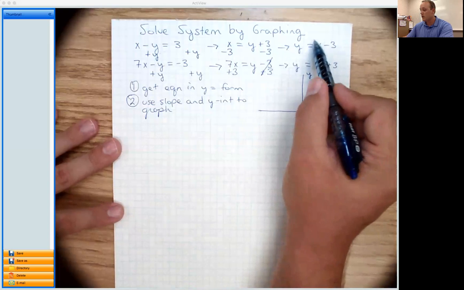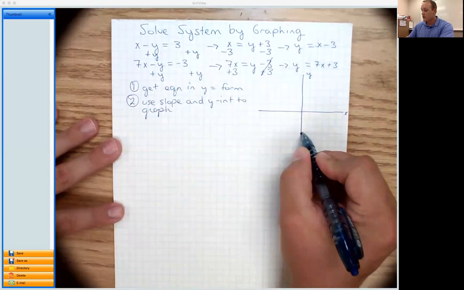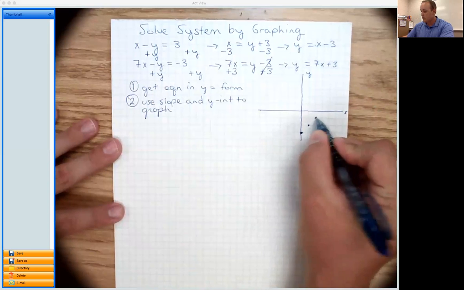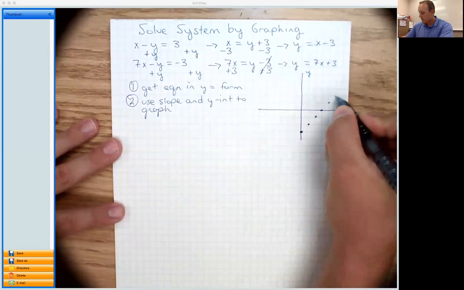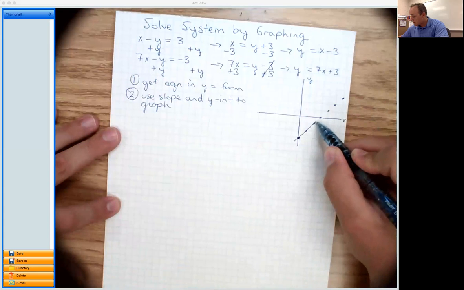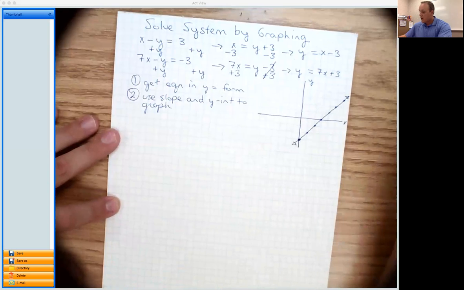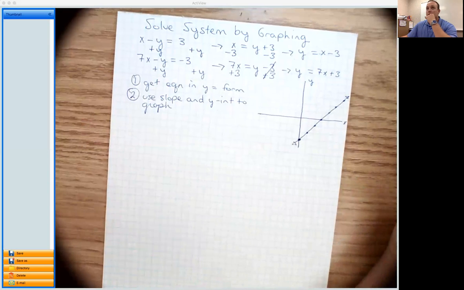What is the slope? It's the number in front of x, so it'd be 1. So I go up 1 over 1. Get the equation in y equals form.